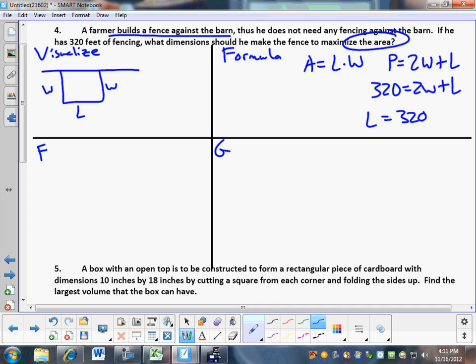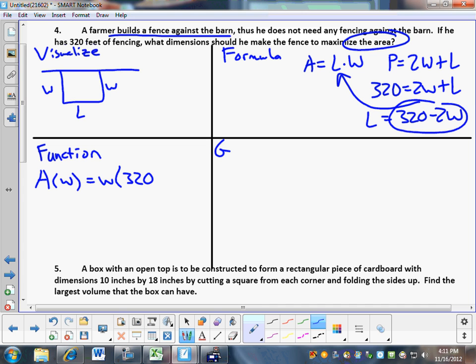L is equal to 320 minus 2W. So I can take that, plug it in for L. My function expresses a variable, in this case area, in terms of W. Area in terms of W is W times 320 minus 2W. Distribute through: negative 2W squared plus 320W.